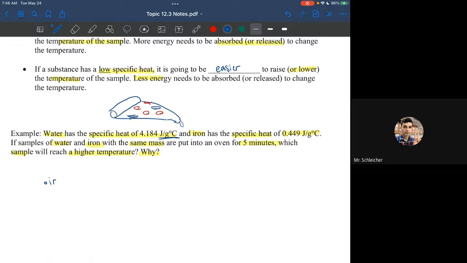The iron will heat up faster because, and our scientific explanation here can be, it has a lower specific heat. And substances with lower specific heats are easier to heat up.